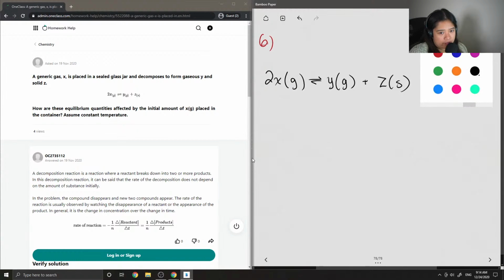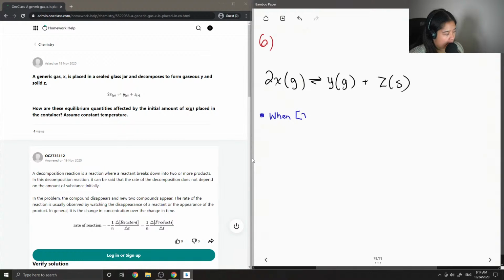Okay, so I'll just write down all the different quantities that are affected by the initial amount of X. So when the concentration of X changes, then the mass of Z, which is the product, changes as well.